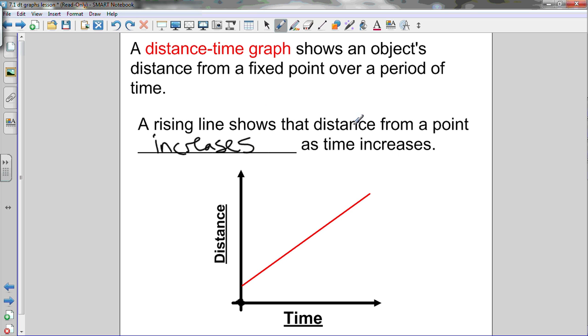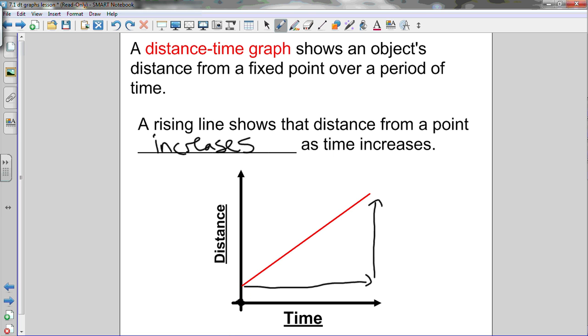So as time is going by, the distance from our fixed point is also increasing. It's getting further away from that fixed point as time is increasing.